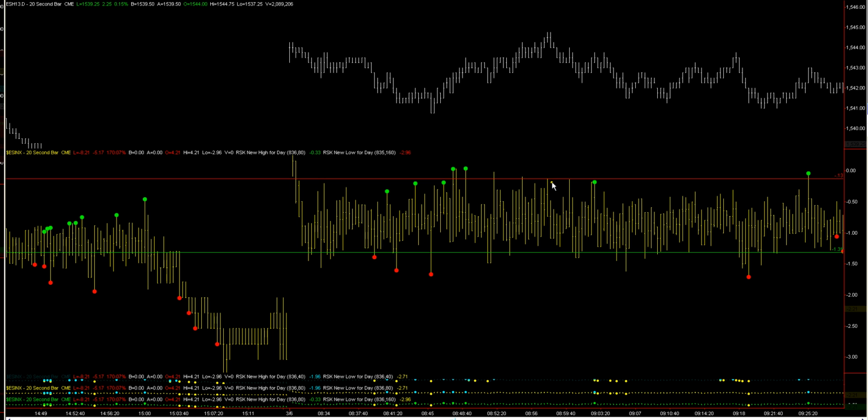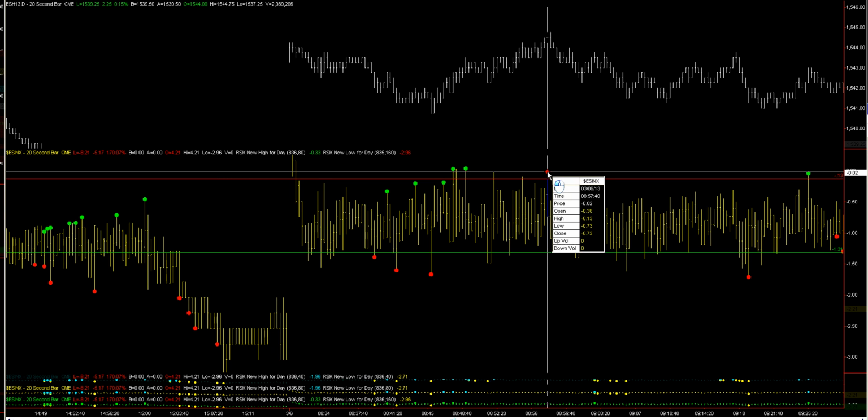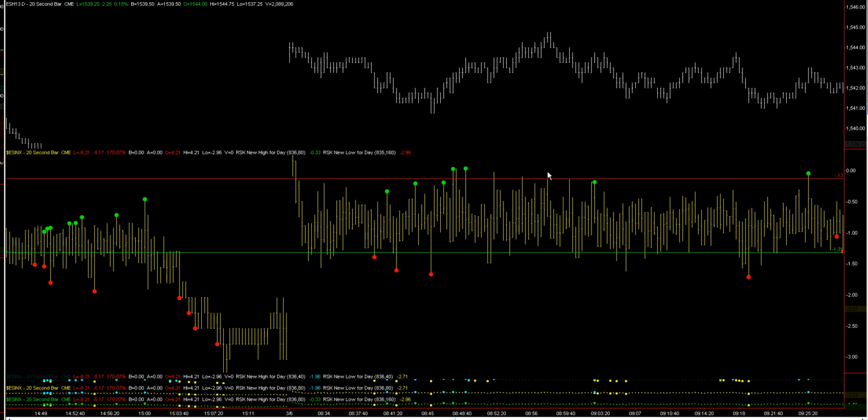So as the market rises, we finally get to that point where we're divergent sufficiently enough to expect the market to drop. Now, as it comes down, is there anything that tells us that this is going to continue to move down?